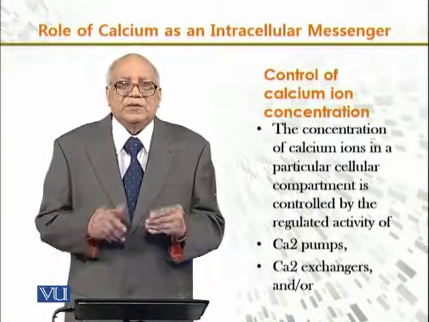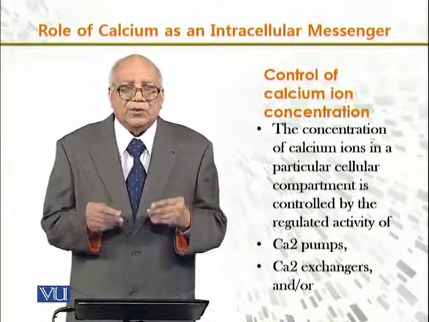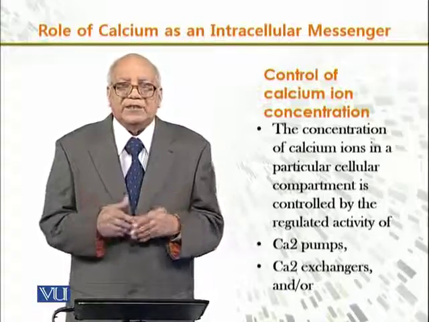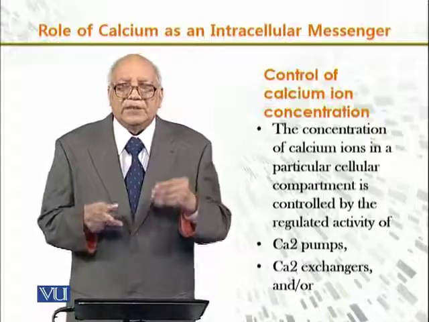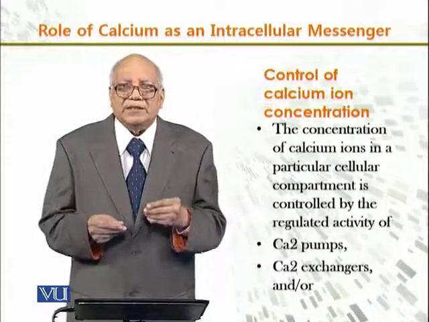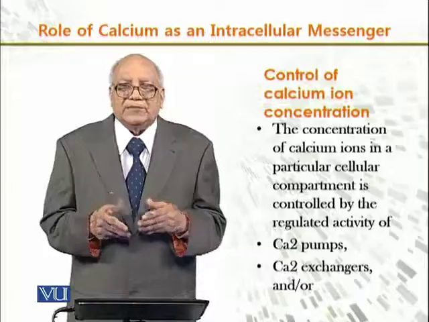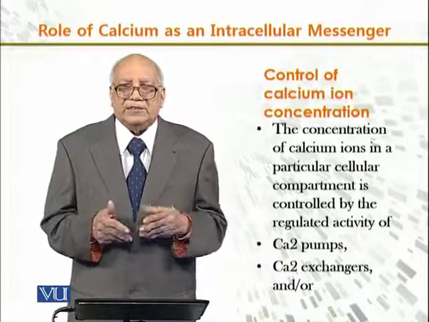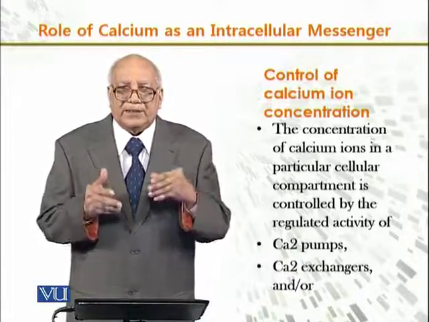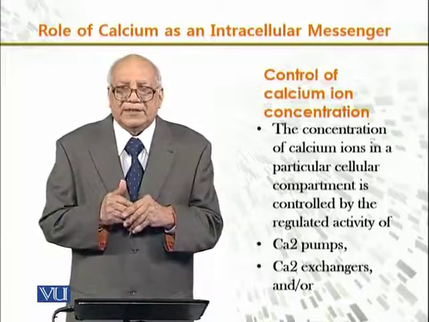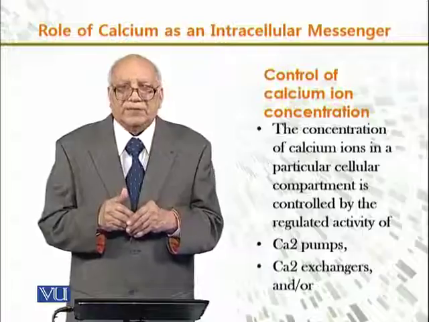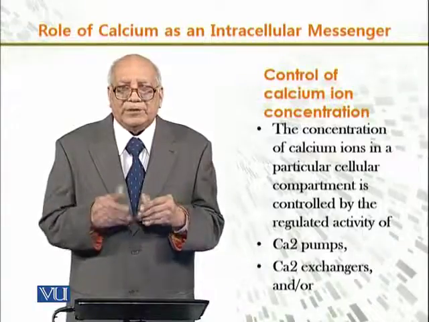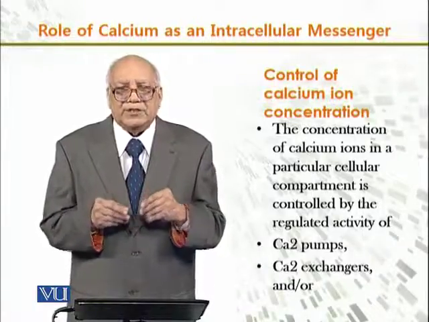Now, how is the calcium ion concentration controlled in the cell? Different mechanisms take part. For example, the concentration of calcium ions in a particular cellular compartment is controlled by the regulated activity of calcium ion pumps and calcium exchangers.